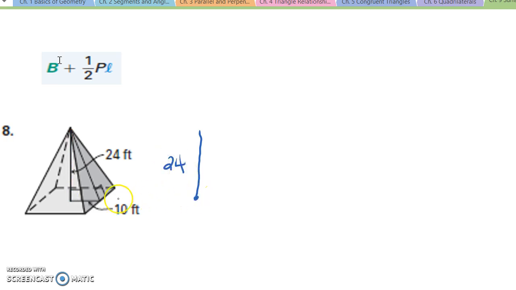And then remember where this segment goes. It starts at the center of the square. That's key. The center of the square and goes to the edge. Now we have the two legs of the right triangle, and we can figure out the hypotenuse. So we get our slant height. We have to use our Pythagorean theorem. 24 squared, leg squared, plus 10 squared, leg squared, equals hypotenuse squared.